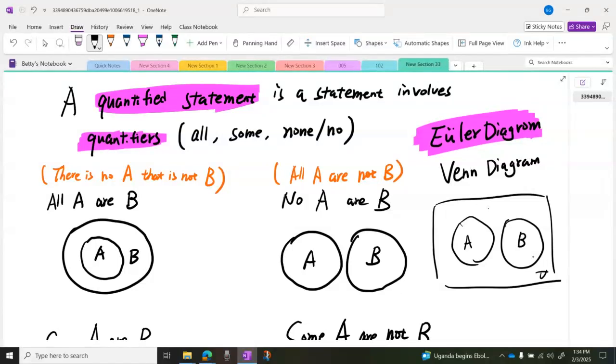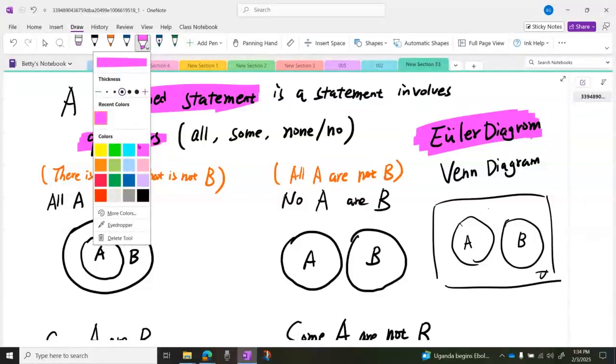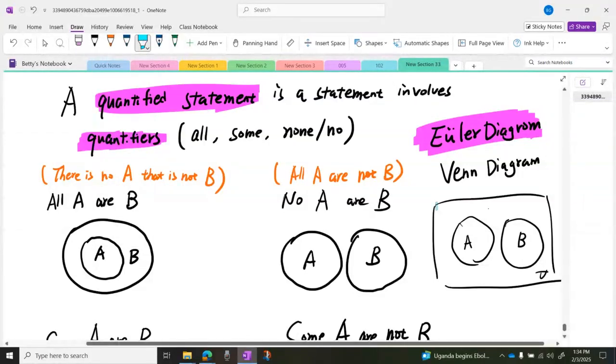I hope you remember what we just learned from chapter 2. Not B, the complement of B. The circle B represents set B. Which region represents not B? Think about it and tell me if you have the same answer.